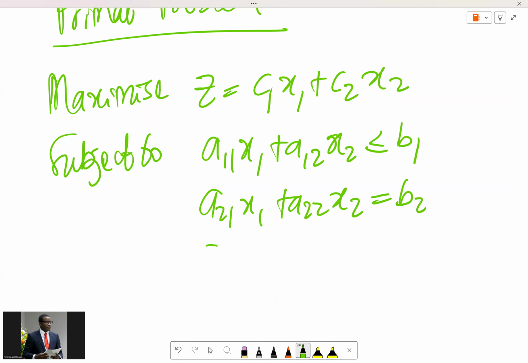Pay attention: a31x1 plus a32x2 greater than or equal to b3.